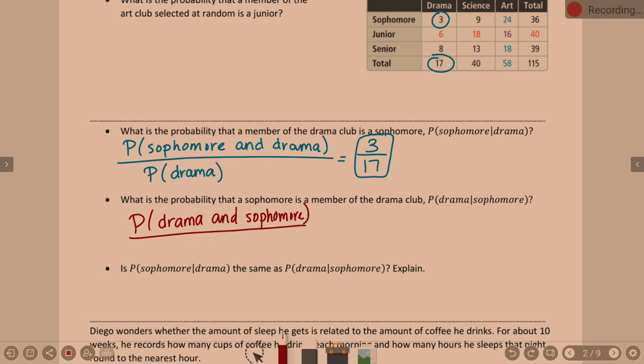What's my denominator this time? What's my condition? It's probably that they're a member of drama given they are a sophomore. So we're going to divide by probably they're sophomore, or the sophomores. Let's look and see how this compares.